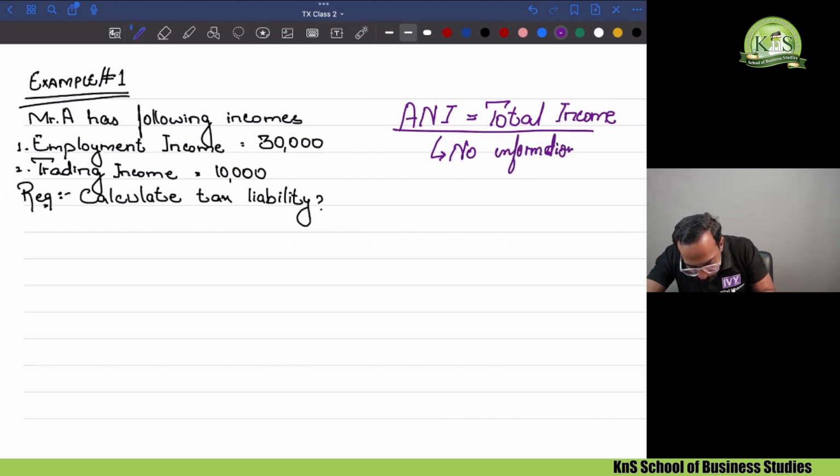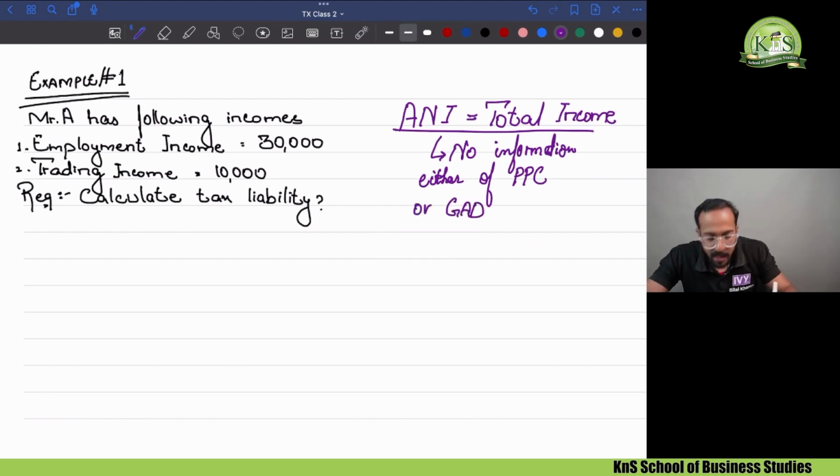In my example, there is no such information regarding either of these. So in that case, my ANI is equal to my total income. Let's calculate my total income.